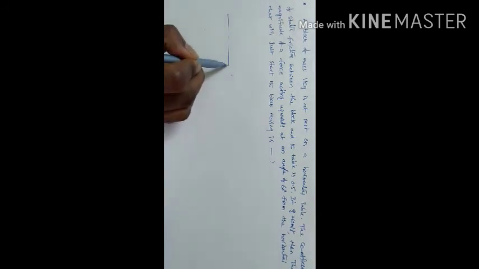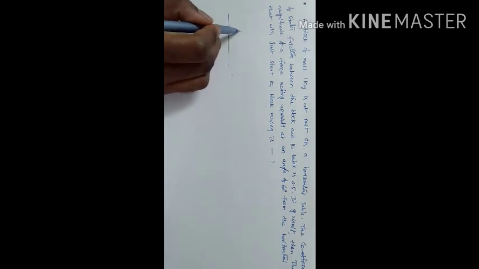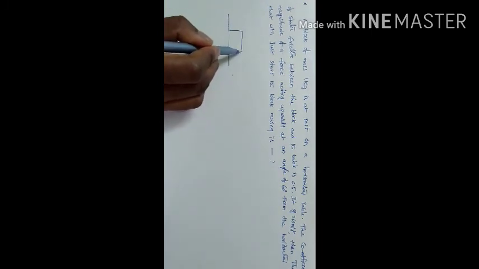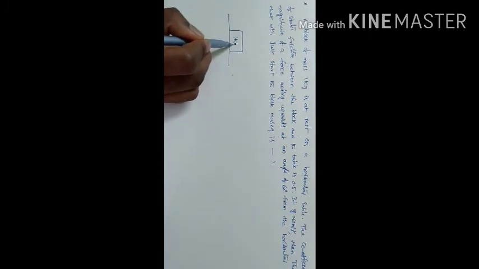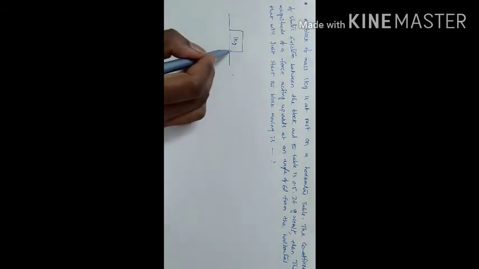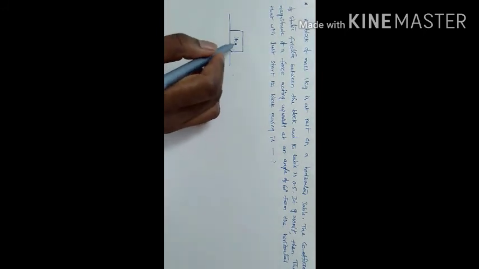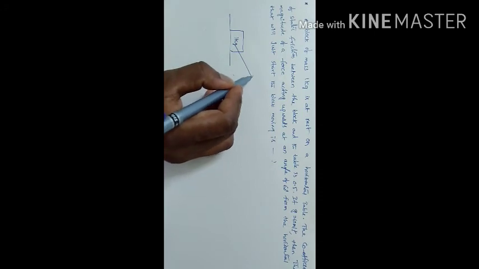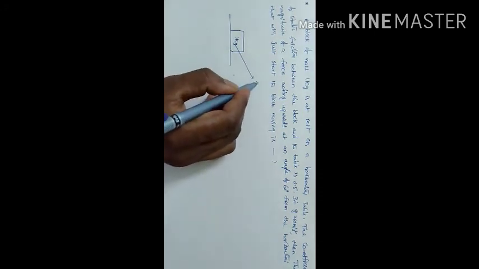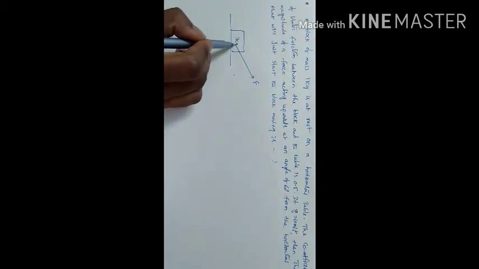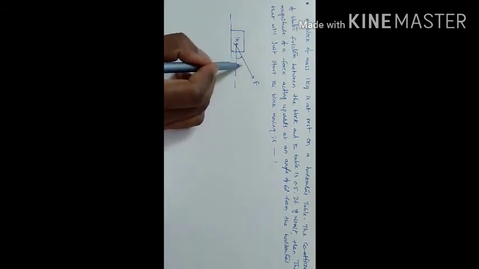Okay, let us see here. They gave one block of mass 1 kg. On that 1 kg block they applied a force F, which makes an angle 60 degrees with the horizontal.